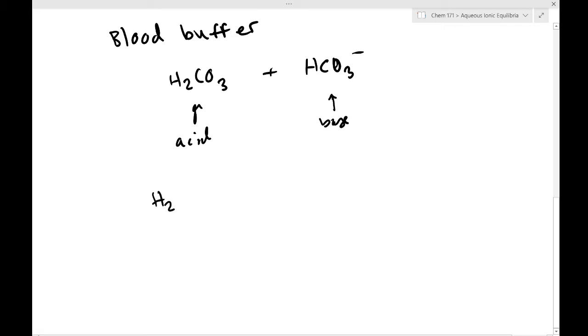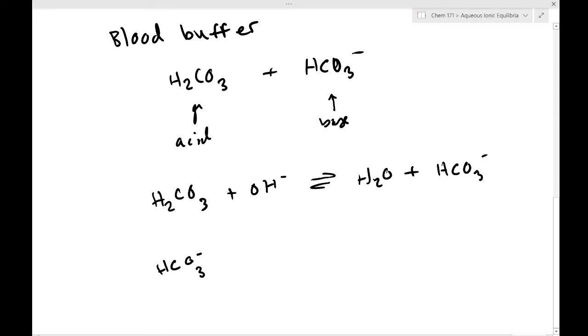If we add base into the solution, and we have a lot of H2CO3 in that solution, we can neutralize this base and form just water, H2O plus HCO3 minus. Now, if we add acid into the solution, we have a lot of bicarbonate already, and we can neutralize the acid with the bicarbonate to form carbonic acid.